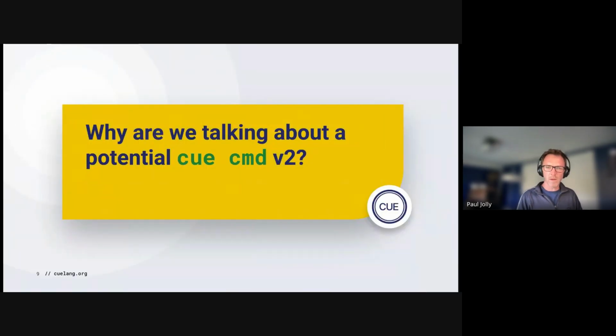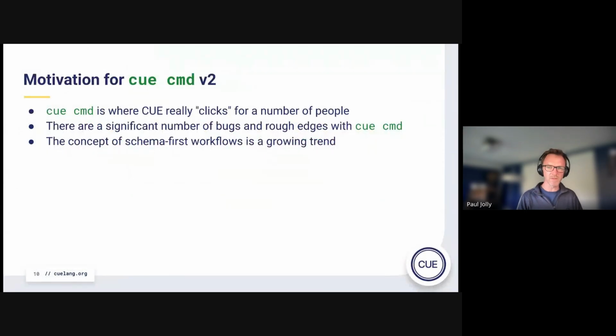So why are we talking about a potential Q command v2 here? I think there are a number of reasons. Over the years now, since Marcel created the first version of Q command, and more specifically this notion of a declarative workflow, is where Q really clicks for people.